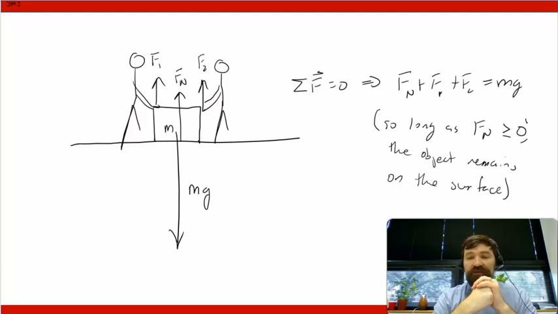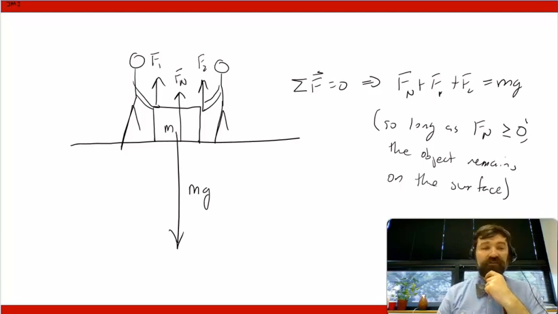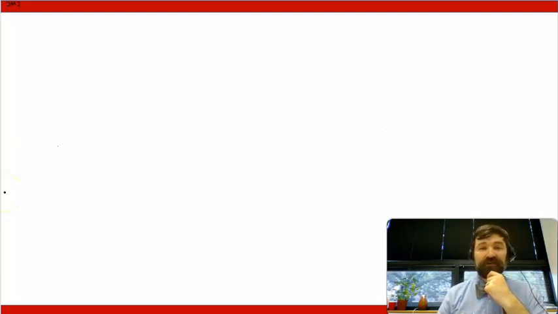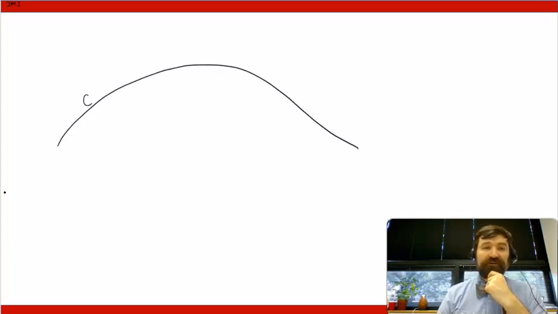That's true later when we talk about circular motion with roller coasters. If the roller coaster is at the top of a loop, it remains on the track as long as there is a normal force required to keep the centripetal acceleration. It's true of cars going over a hill. So, you might have a little slope like this, and you got a car that's moving along the slope.